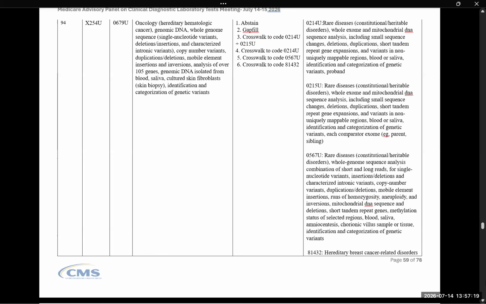Looks like we have some Q and A's and a hand up on this one that the choices are not what was recommended. Okay, so we are missing what the crosswalks are from the stakeholders.